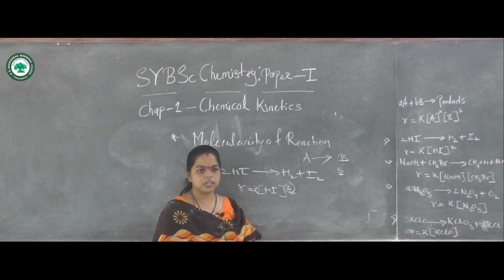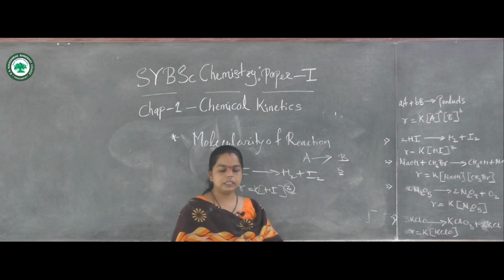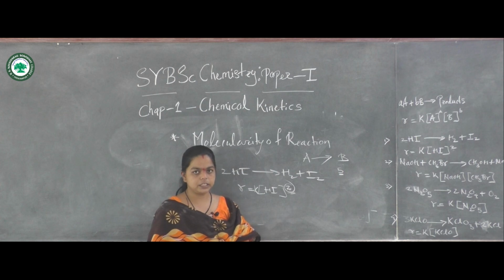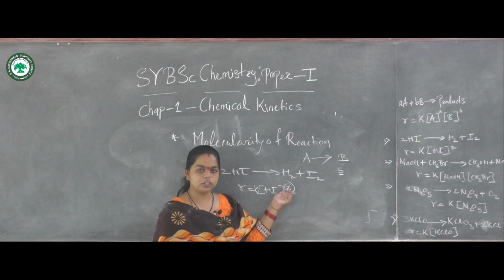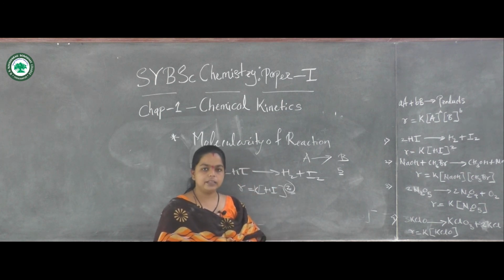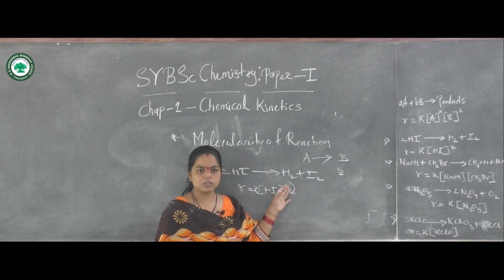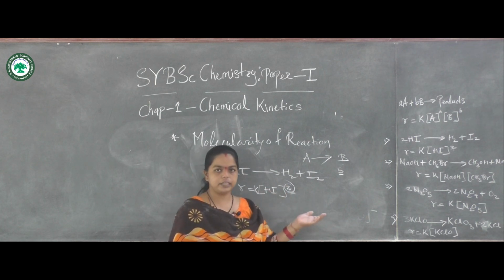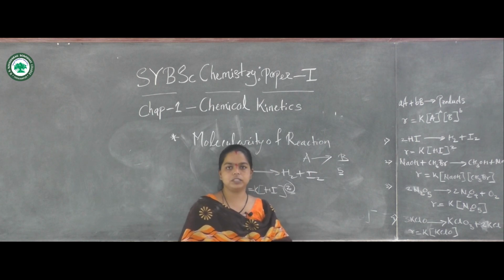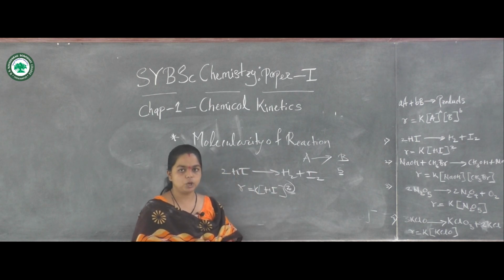Thirdly, the order is dependent upon the concentration of the reactant, while molecularity is independent of the concentration of the reactant. In the order of the reaction, temperature and concentration are kept constant, while in molecularity they get changed. So this is the difference between order and molecularity.